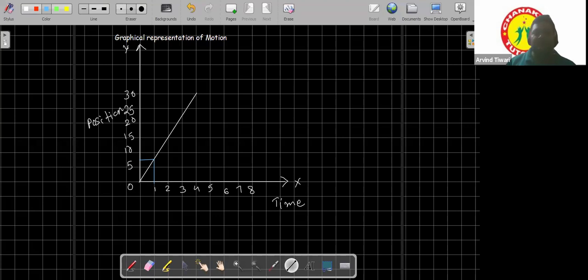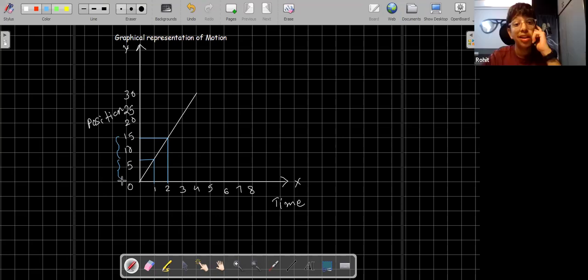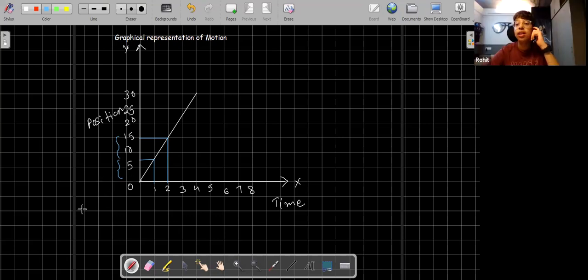Similarly, from time equal to 2 also, I drop a perpendicular, and where it cuts the graph, from there I draw a perpendicular on the y-axis. So this much is the displacement in the first second. This is the displacement in the second second. Sir, isn't displacement the area under the graph?